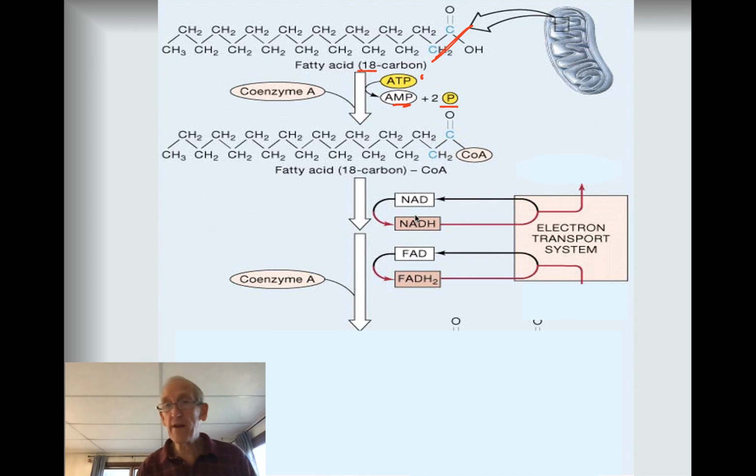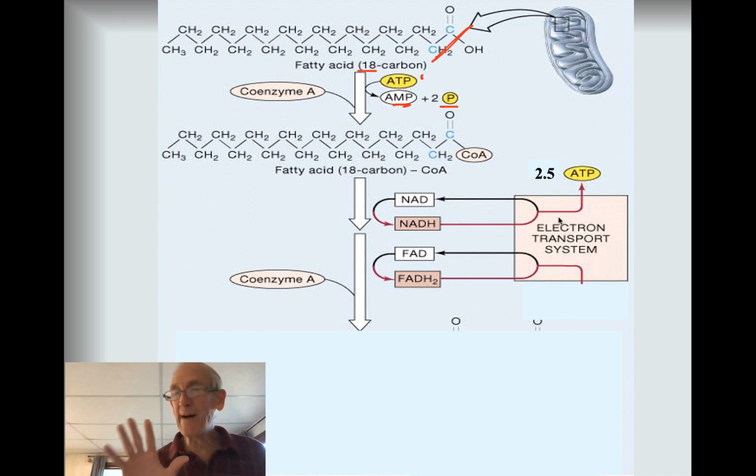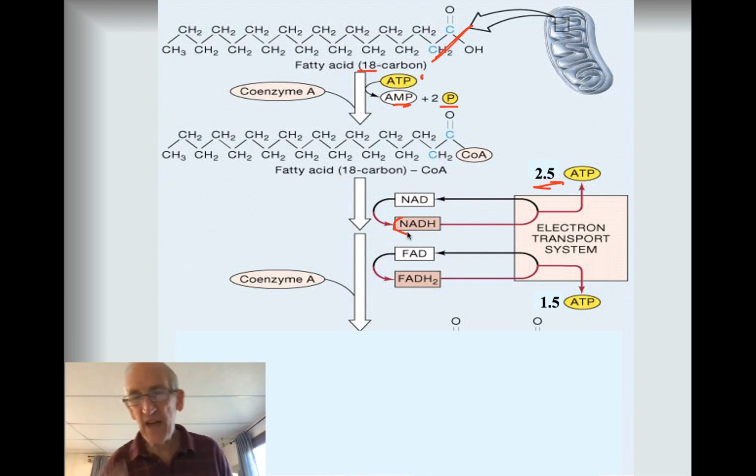Now, when we send NADH down through electron transport, we're going to pump enough protons into the intermembrane space to power resynthesis of 2.5 ATP. Makes no sense, does it? It just simply means that in order to get 5 ATP, we have to oxidize 2 NADHs. When we start with FADH2, we don't pump as many protons.